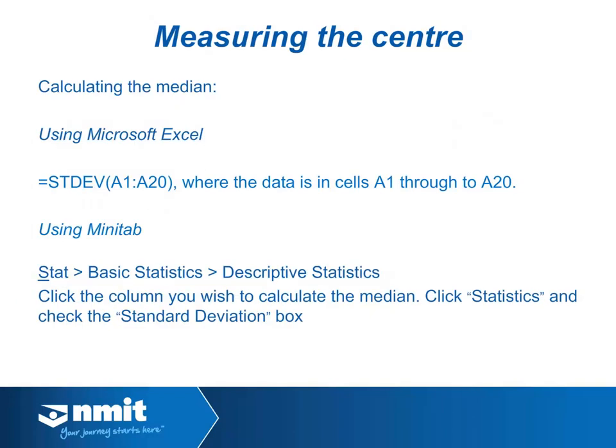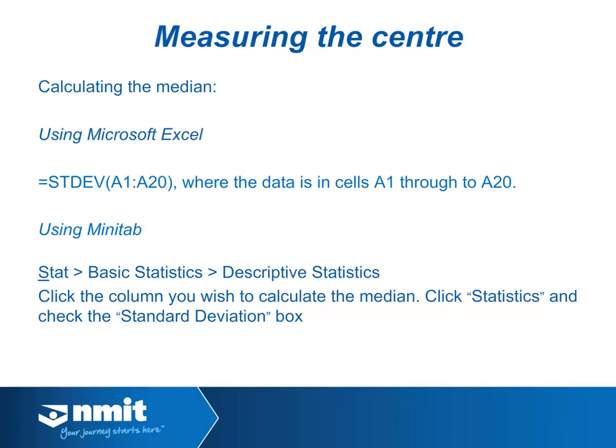So how do we use Microsoft Excel and Minitab to calculate the standard deviation? Well, it's very simple, and so close to how we calculate the median that I've copied and pasted it in and not changed some of the wording on this slide, which is fantastic. So using Microsoft Excel to get the standard deviation, we just use the formula equals STDEV bracket the cells that we want to get the standard deviation of, close bracket.